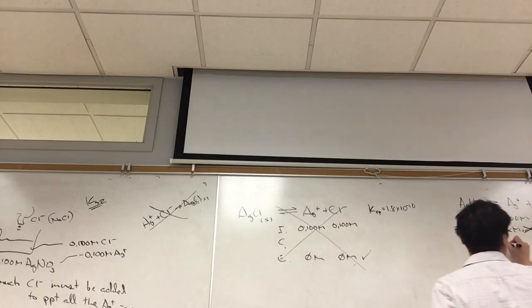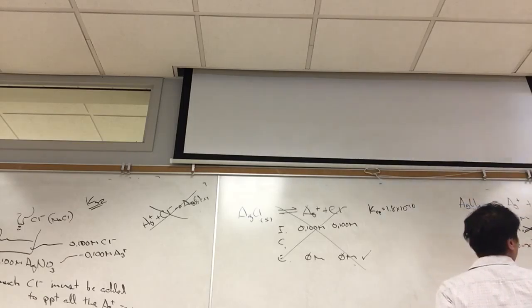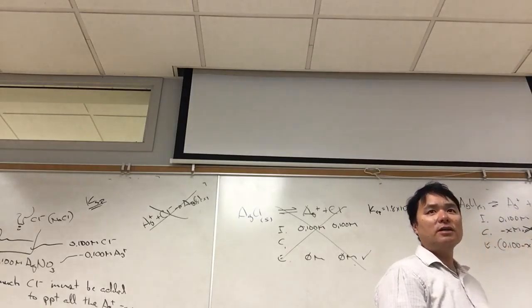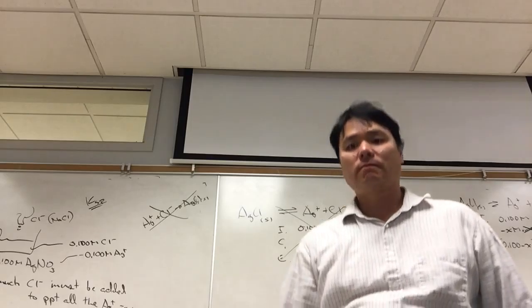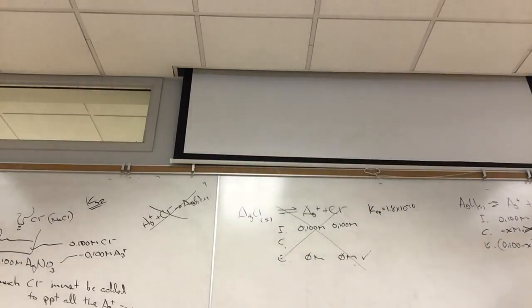And so at equilibrium, I'm going to have 0.100 minus X, 0.100 minus X, and then I can solve for X. X is going to tell me how much precipitated. And so I can do that here. KSP is going to equal 1.8 times 10 to the minus 10, which is going to equal (0.100 minus x) squared.